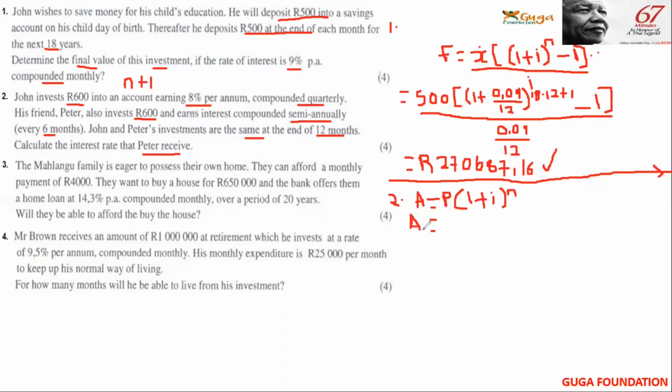I'll write A J here to say that this is for John, which is also equal to the amount of Peter's.